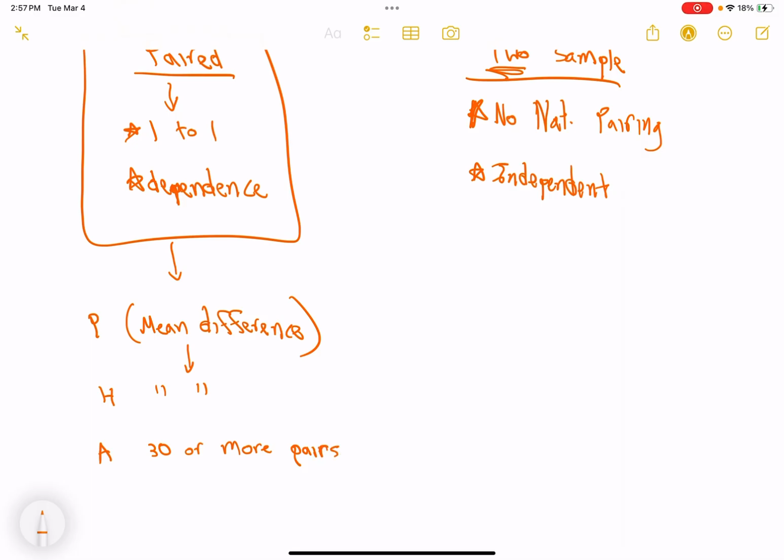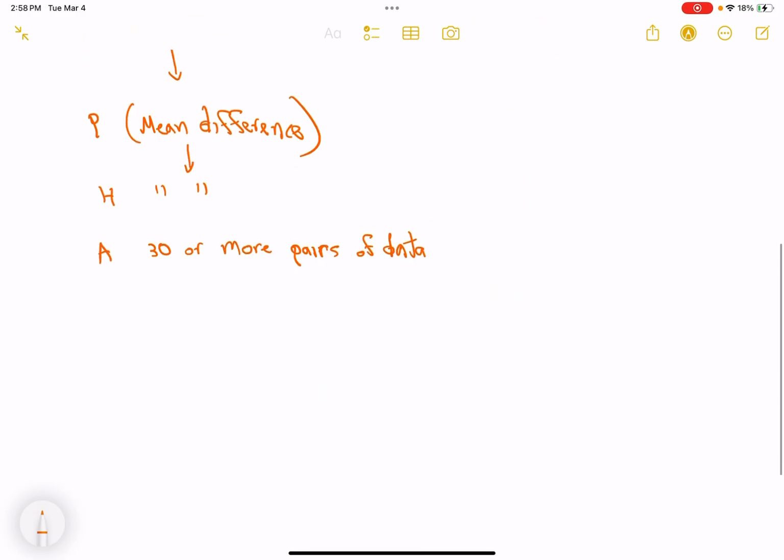So there have to be 30 of one and 30 of the other. Because remember, in paired data, it's always the same number for each. And then for N, the name will be paired t-test for mean difference.